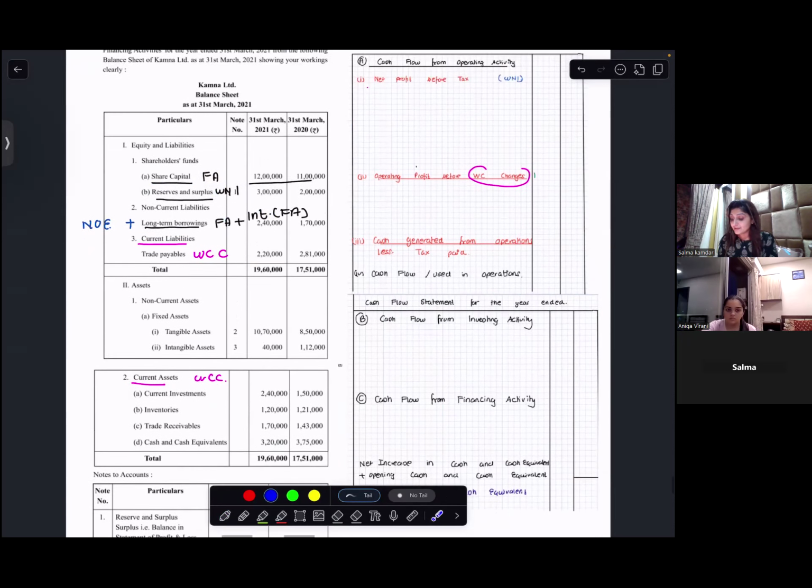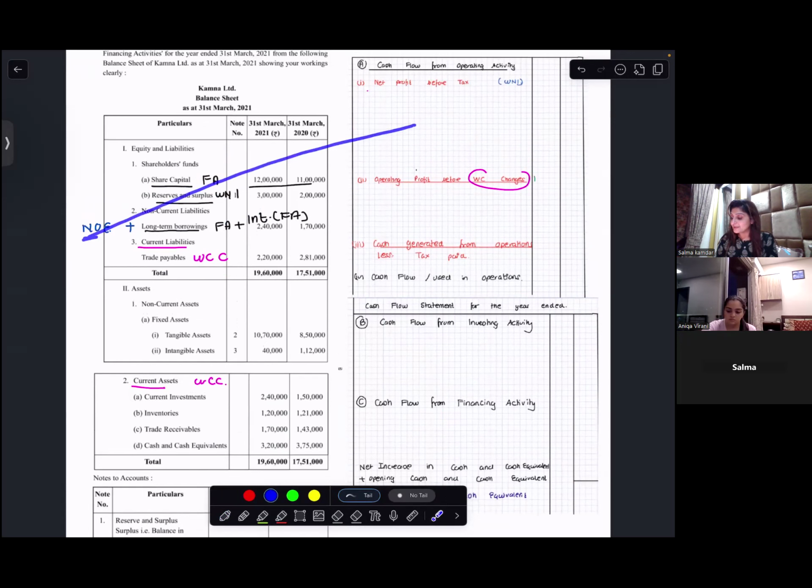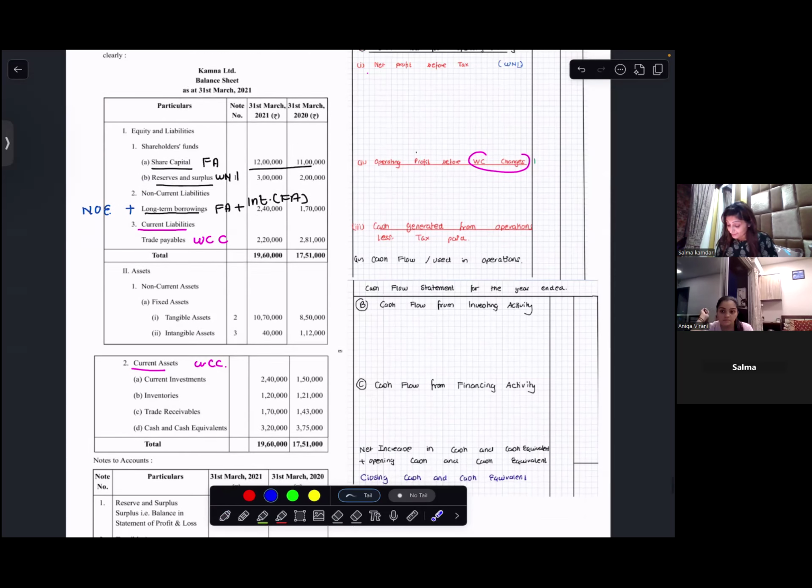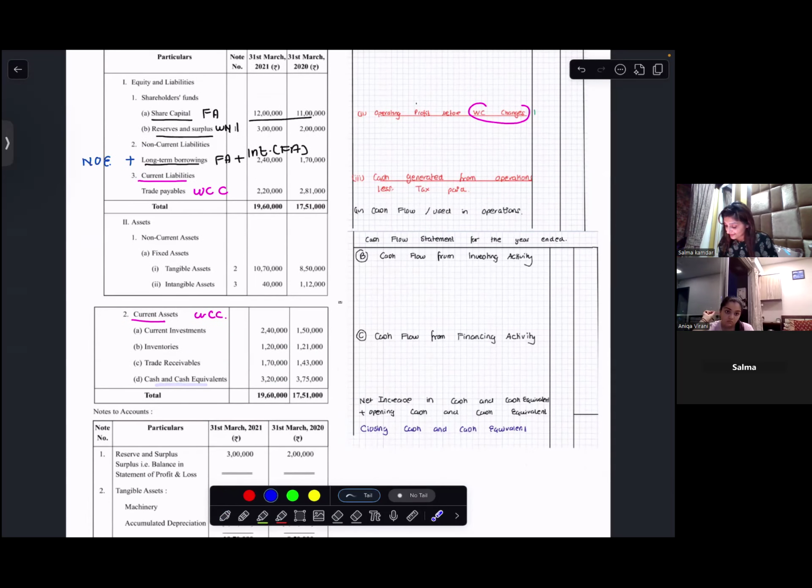Other than that, non-operating income comes in your first part. Current assets and current liabilities you will mark as WCC. WCC represents your working capital changes. But cash and cash equivalent is an exception for you because this always comes at the end. Are you with me?